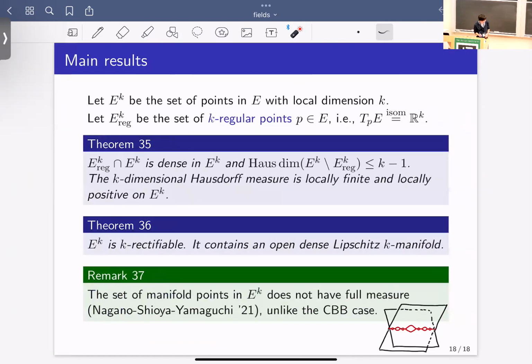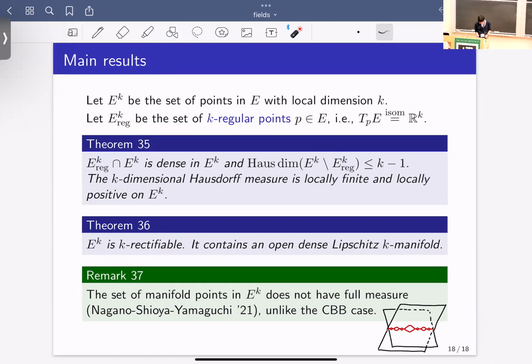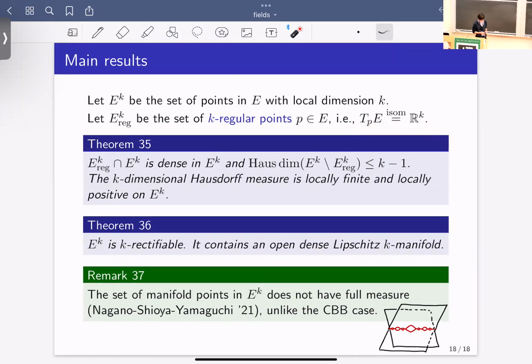And let E_k be the set of points in E with local dimension k. And let E_k^regu be the set of k-regular points in E, meaning that the tangent cone is isometric to R^k. And note that E_k^regu is not necessarily contained in E_k for the same reason as the previous remark. Okay, so E_k is defined by the local structure, whereas E_k^regu is defined by the infinitesimal structure.